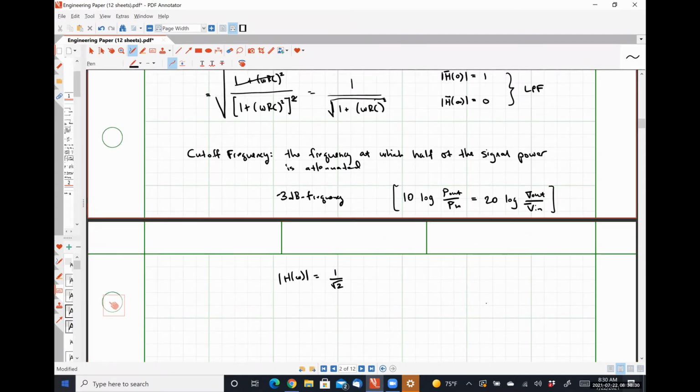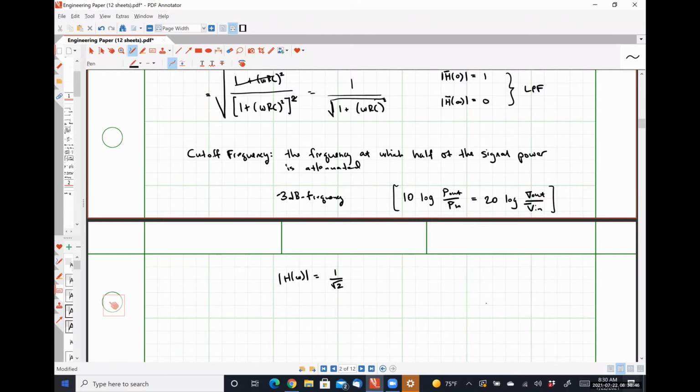Any thoughts on what that might be? So we already have a 1 in the numerator, and we already have a square root sign in the denominator. So we're pretty close to halfway there already, right?